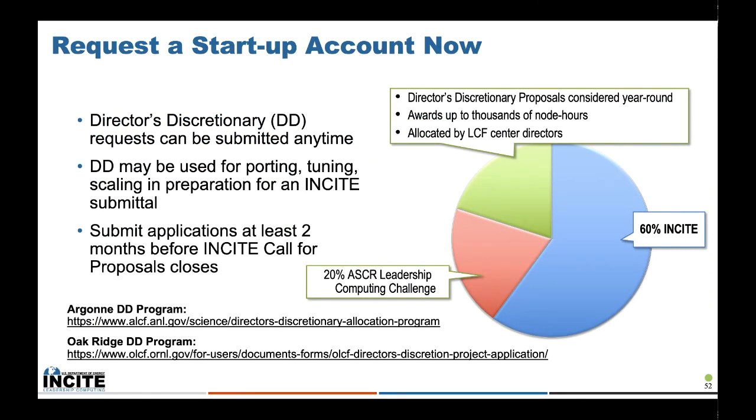So obviously we are probably too late if you are thinking about applying for this year's INCITE, but if you plan a little bit in the future, you can apply for a DD right now and be prepared for next year's INCITE. There are 2 links on this slide, and those are the links to the DD program for both facilities. They will give you all the details, how to apply and so on. Okay, next slide.